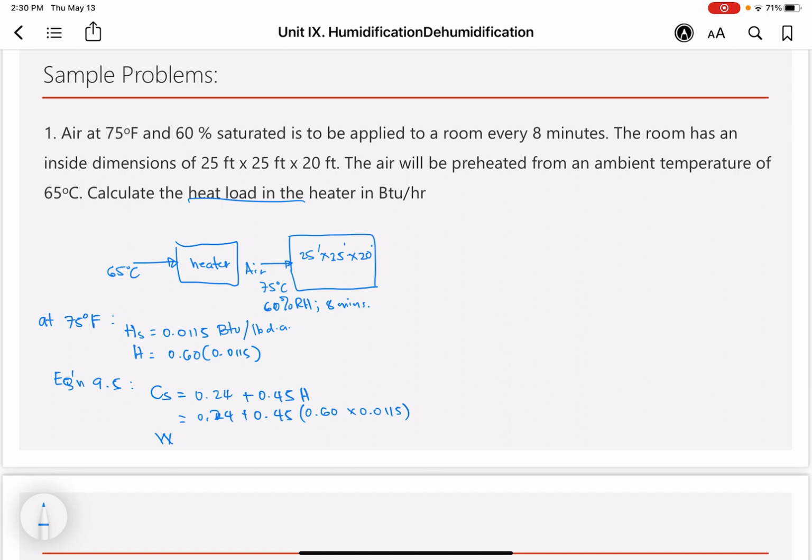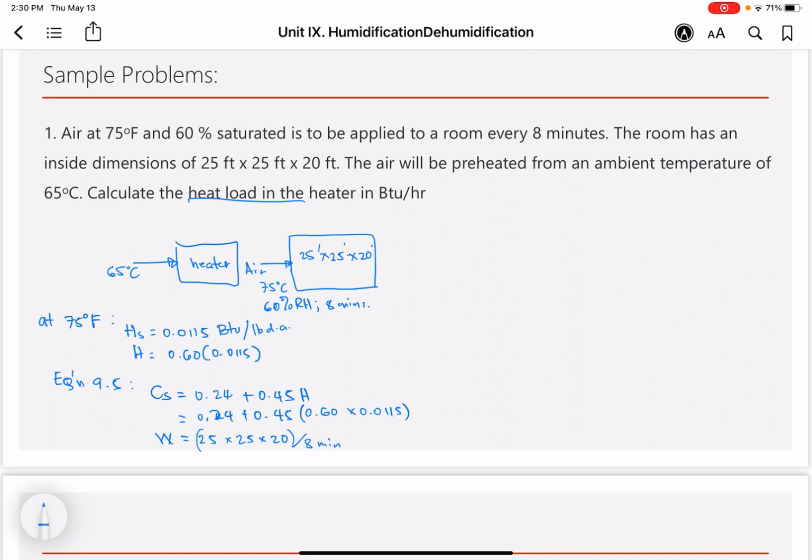Getting your CS, you could substitute it here, getting first your W. W is, I have a 25 by 25 by 20 feet that is being supplied every 8 minutes.